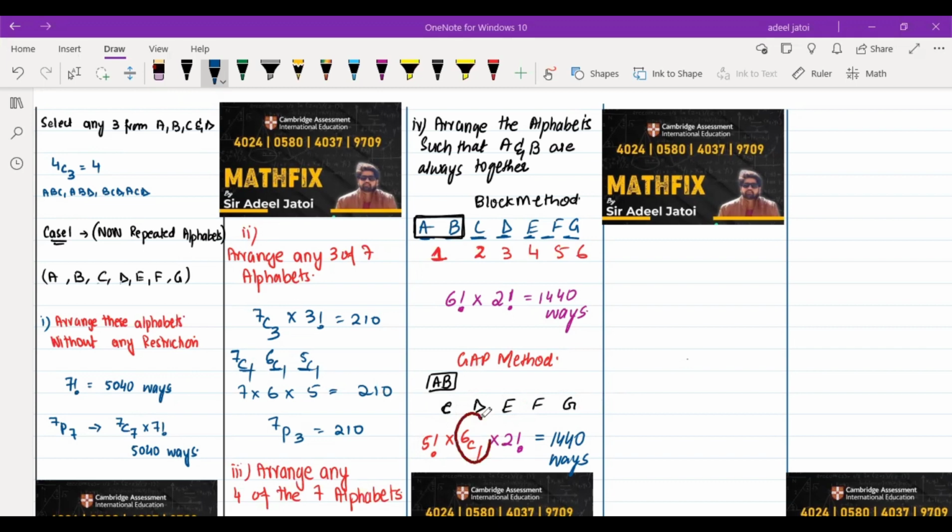So 6C1 for this. And when we place the block, we also arrange inside the block, because AB can also be written as BA. So we write 2 factorial for the block. The answer for this will be 1440 ways.